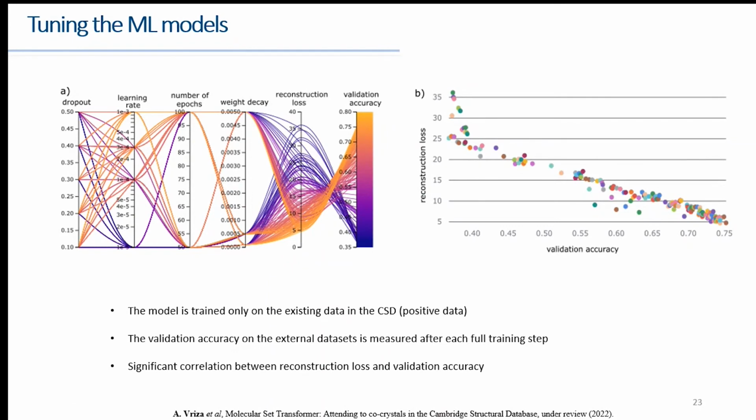The important thing to observe here is that when the reconstruction loss was minimized, at the same time the validation accuracy was maximized on data that the model has not been trained on. So there is a quite nice trend between validation accuracy and reconstruction loss, meaning that by training the neural network just aiming to decrease the reconstruction loss of its training data, we can achieve very good accuracy on external data. That showcases that we don't really need any negative examples to train a model that has decent accuracy.